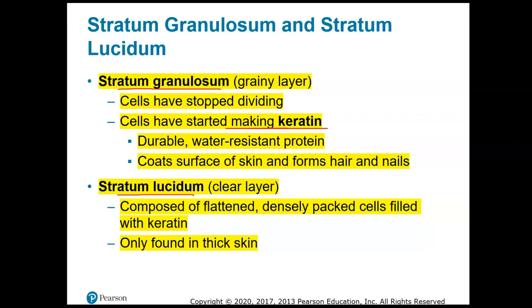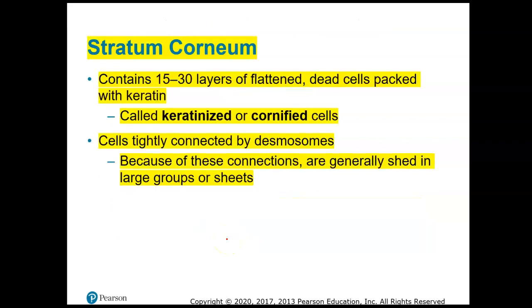It's only found in thick skin. And then lastly, we have the stratum corneum. This layer contains 15 to 30 layers of flattened dead cells that are packed with keratin. We call them keratinized or cornified, and they are bound tightly by desmosomes.